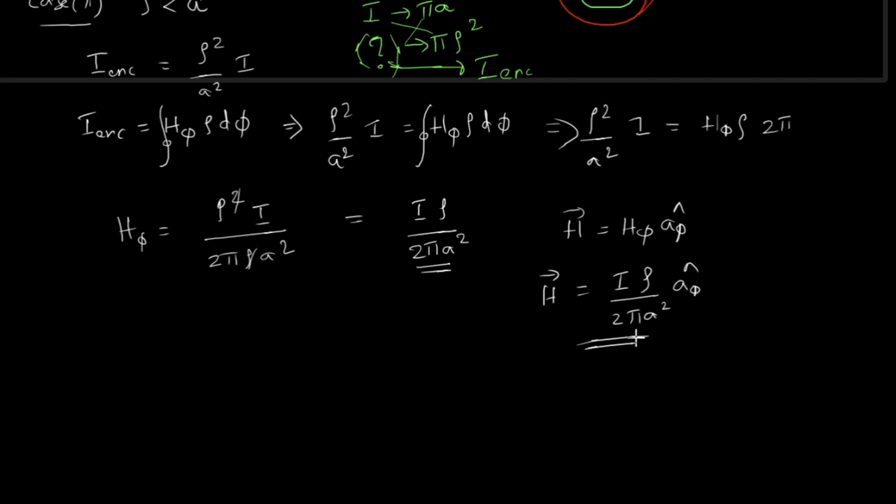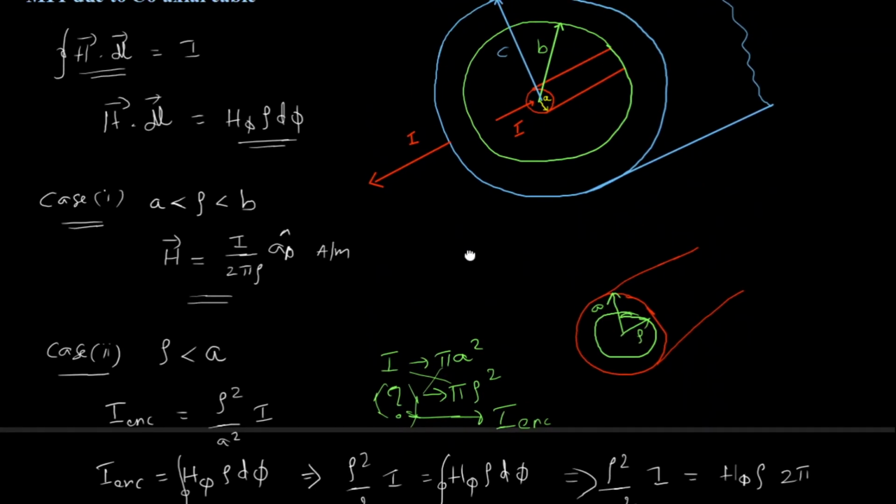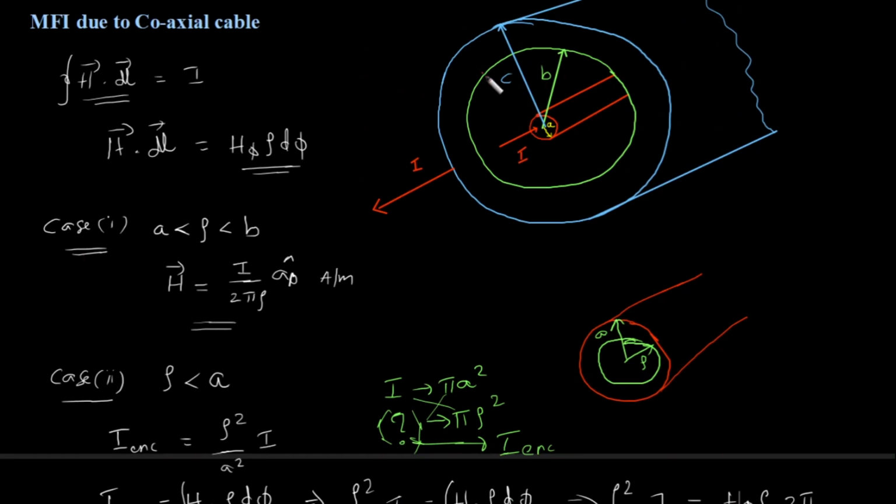So what will be the third case? Can you guess what will be the third case? So the third case is I can have my enclosed path within the outer conductor. That is, rho is between B and C. That means my closed path of rho will be here.